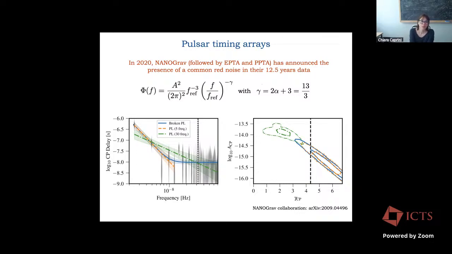And this is what they have fit. You see, these are their data back then, and this is gamma, so these 13 thirds, and they can see something compatible with this at low frequency.